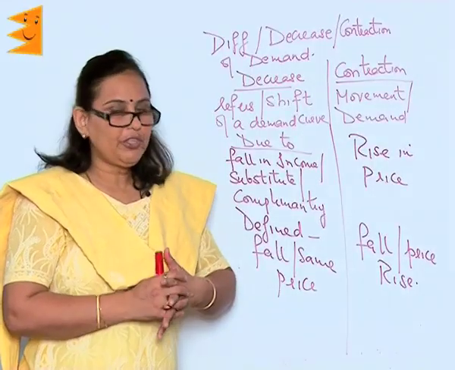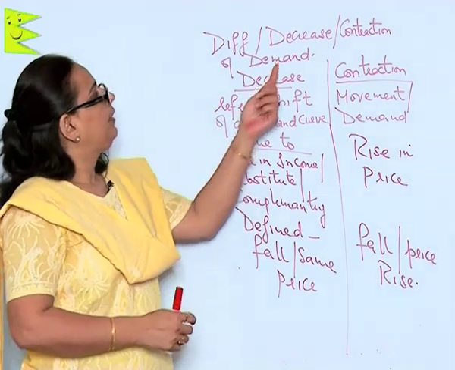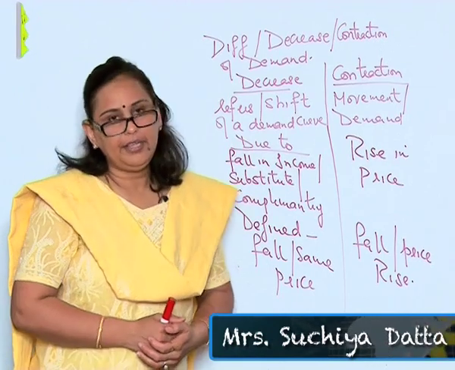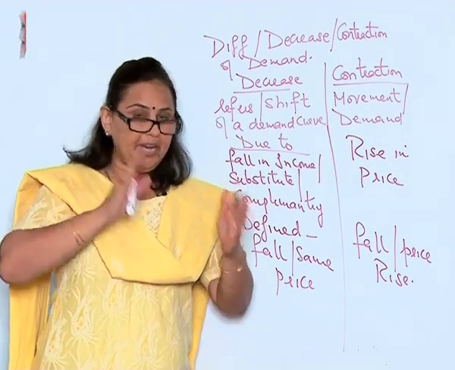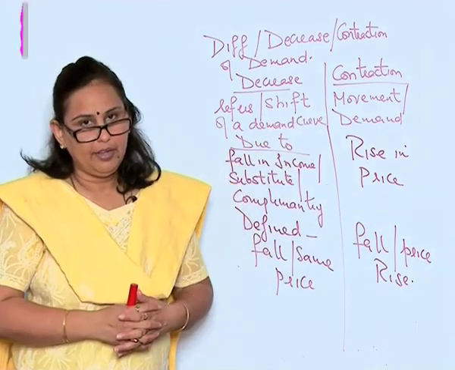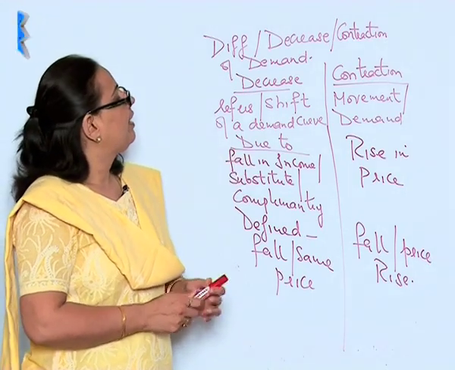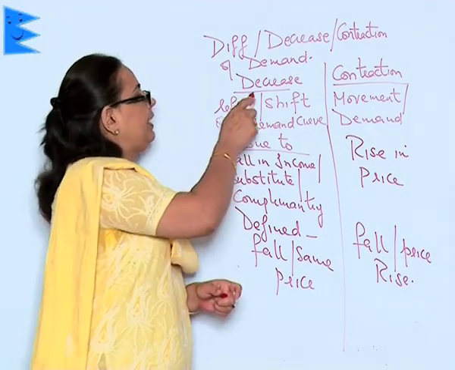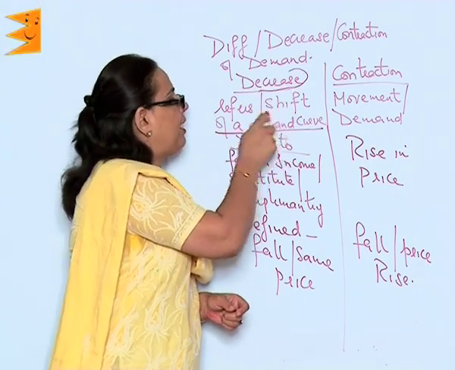Most of the students get confused between decrease in demand and the contraction in demand. Remember, there is a big difference between decrease in demand and contraction in demand, though they look same, and the major differences are when there is a decrease in the demand, it refers to the shift of a demand curve.